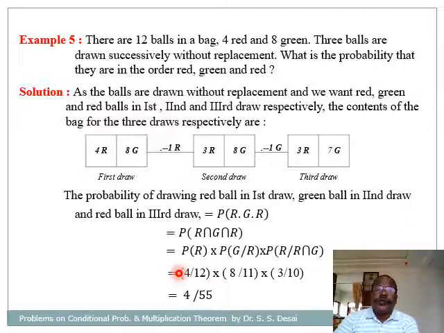The probability of getting a red ball in the first situation is 4 divided by 12. The probability of getting a green ball from the second situation is 8 divided by 11, and the probability of getting again a red ball from the third situation is 3 divided by 10, and after simplification it gives us 4 divided by 55.